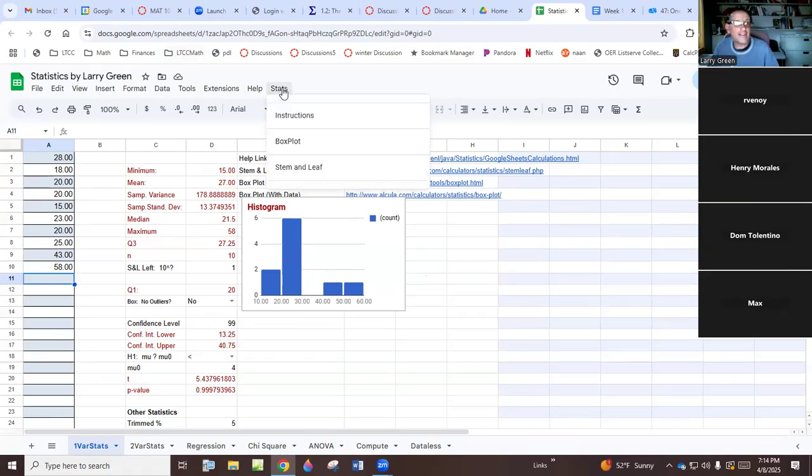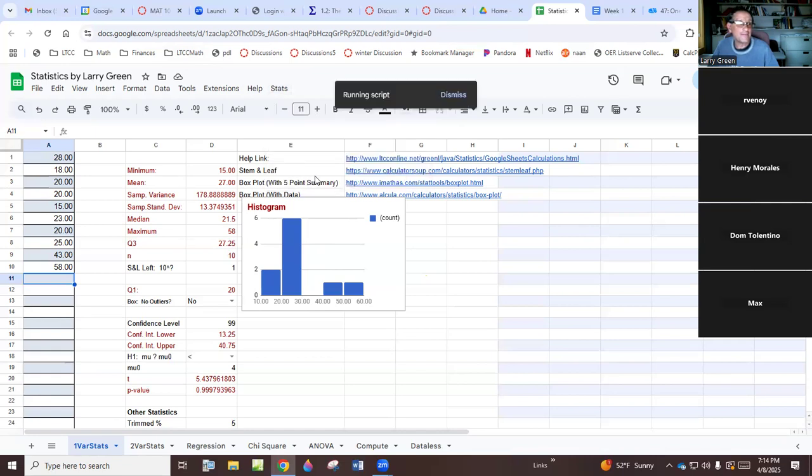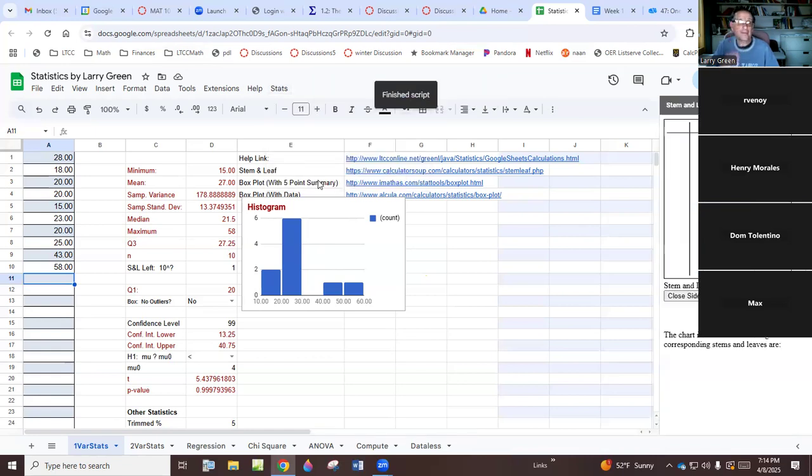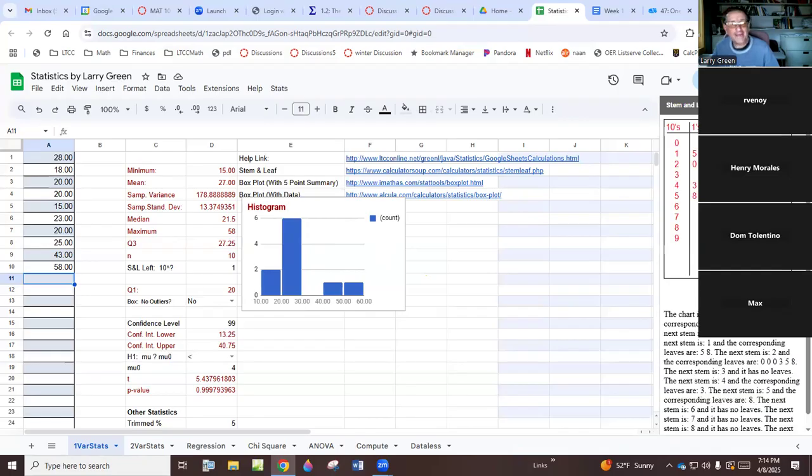Then if I go to stats, now I can go to stem and leaf. And this gives a nice picture of the distribution. But what it also does is you can actually get all the data values.